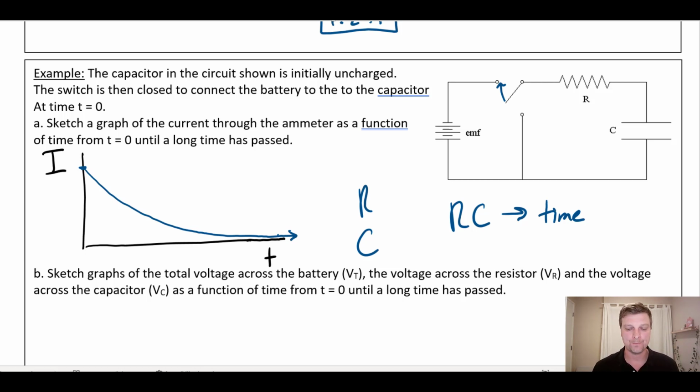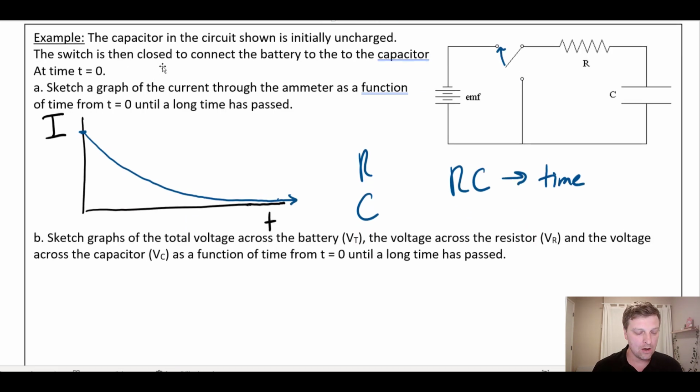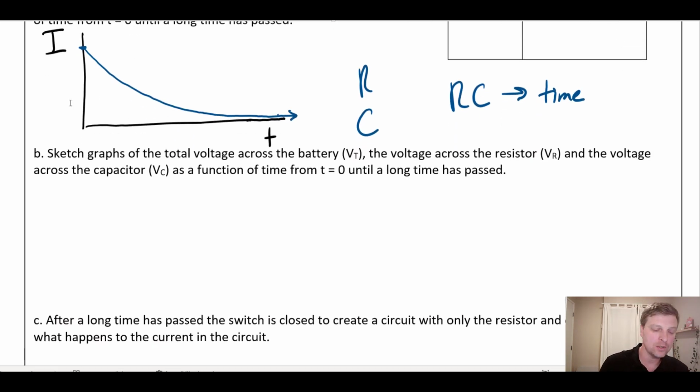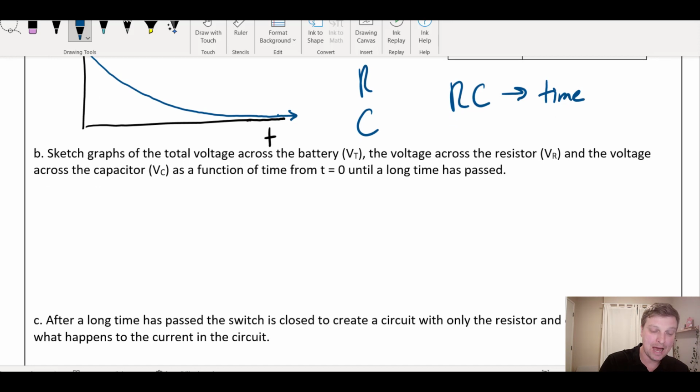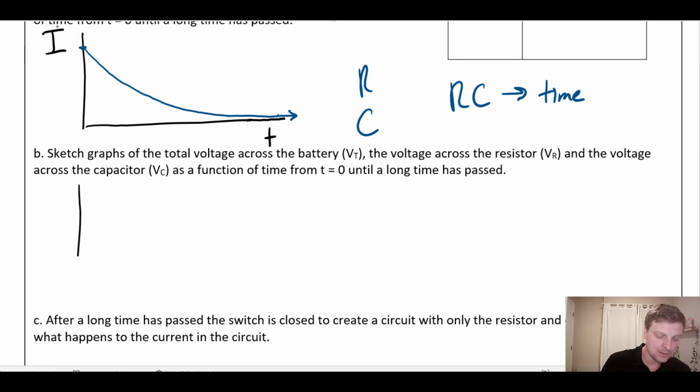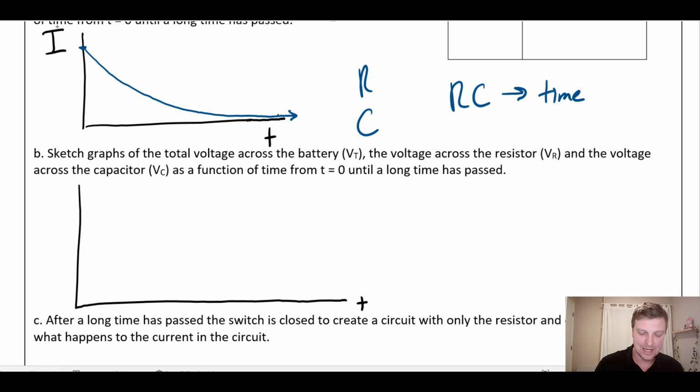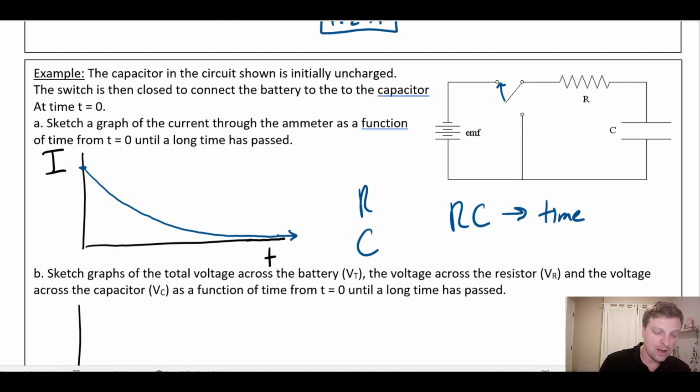Now it says sketch graphs of the voltage across the battery, the total voltage, across the resistor, and across the capacitor as a function of time from t equals 0 to t equal to a long time. I just like that idea of up until t equals a long, long time from now. So let's think about what we're saying here.